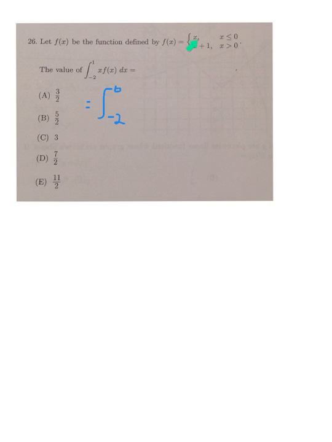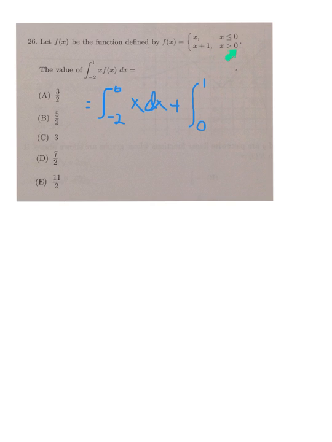So if I'm going from -2 to 0, I'm basically going to be integrating this part of the piecewise function. So then I'm going to write x dx. Okay? All right, plus now I need to form another integral because it wants me to go all the way up to 1. So then I'm going to go from 0 to 1.